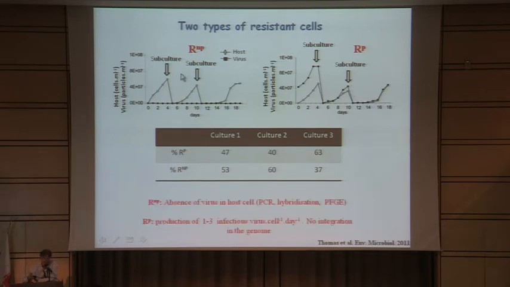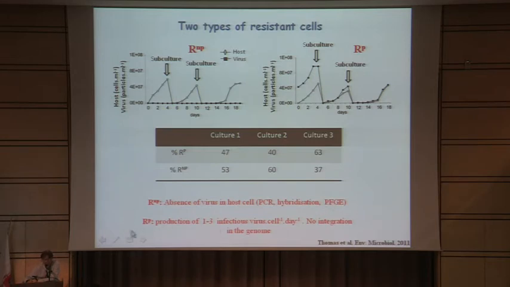I will not show all the experimental details to characterize these two phenotypes of resistance, but just to summarize. For the non-producers, we checked that there is a complete absence of virus in the host cells by PCR, hybridization, pulsed-field electrophoresis and so on. We did many controls, and there is no virus inside the cells.